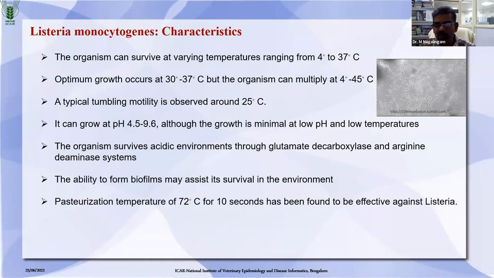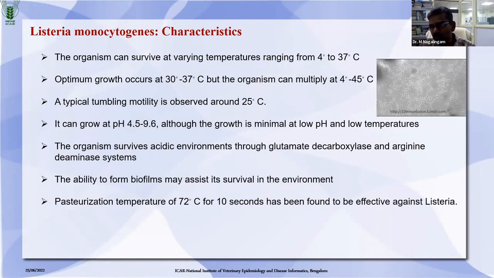It can grow at a pH from 4.5, because it needs to get inside the cell and face the lysosomes, so it can grow from pH 4.5 to 9.6. Survival in that acidic environment is made possible by its glutamate decarboxylase and arginine deaminase systems.